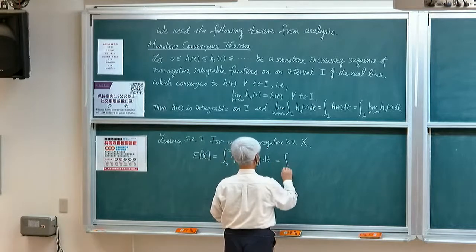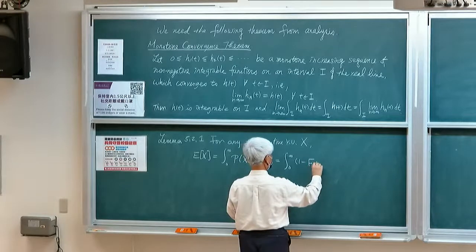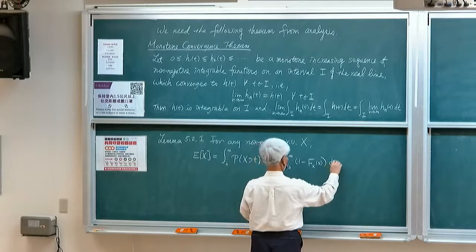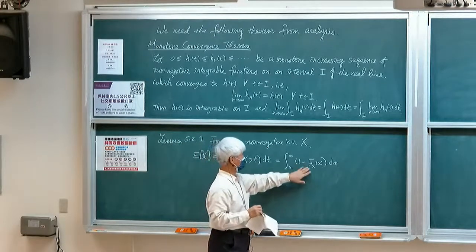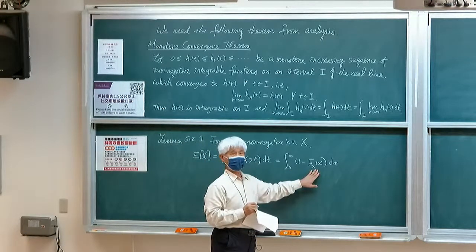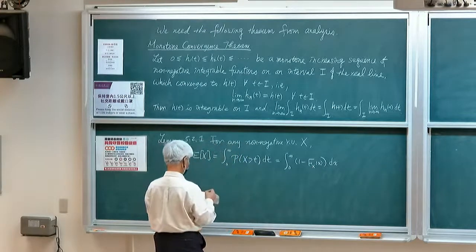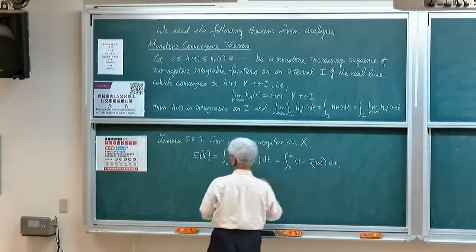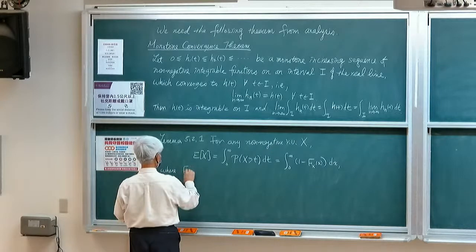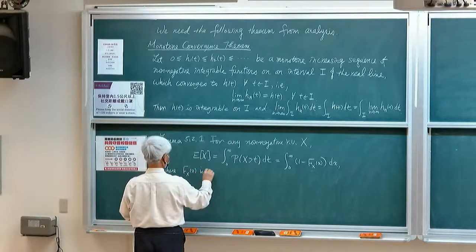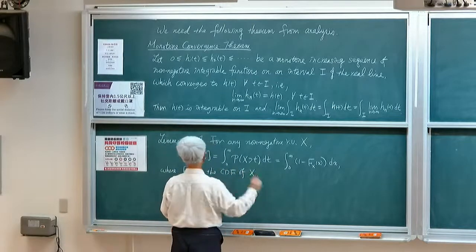In terms of the distribution function, this probability is actually 1 minus the CDF of the random variable X. Where is the CDF of X?